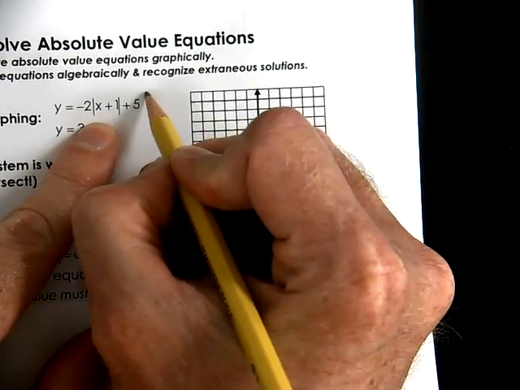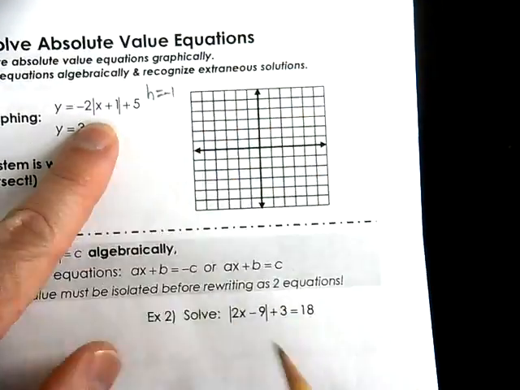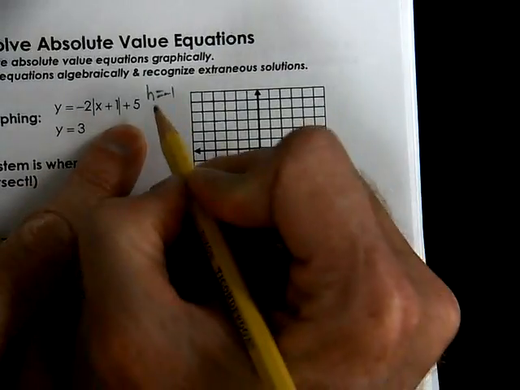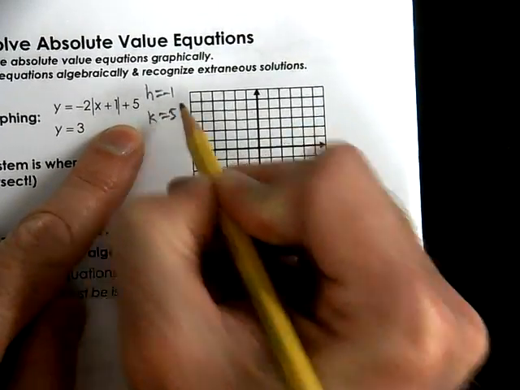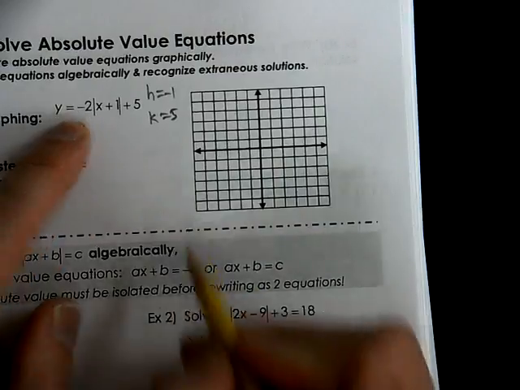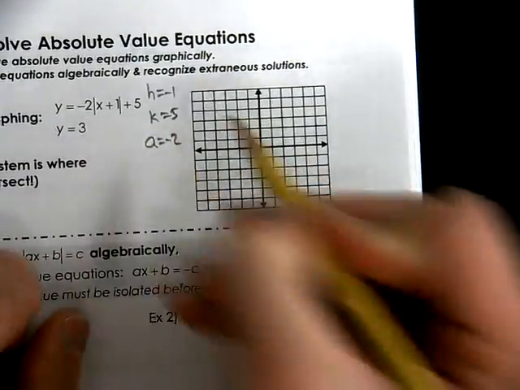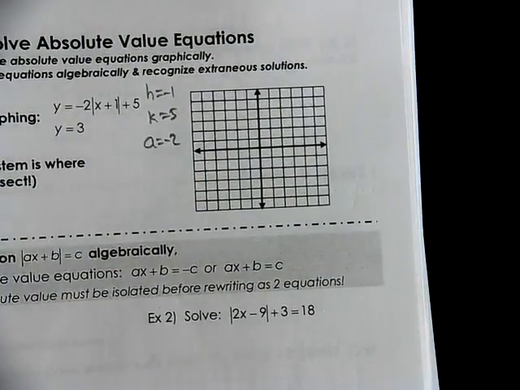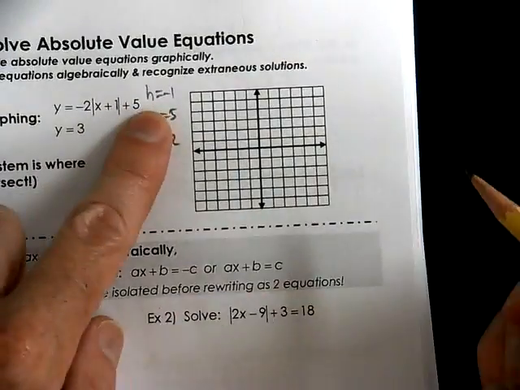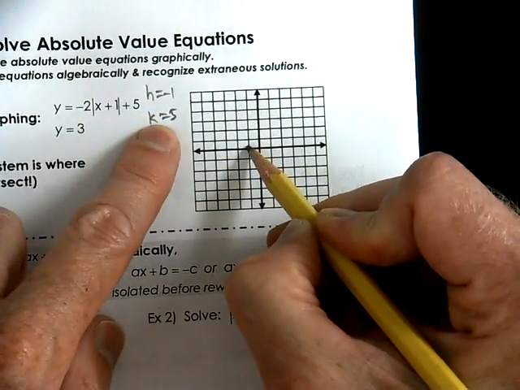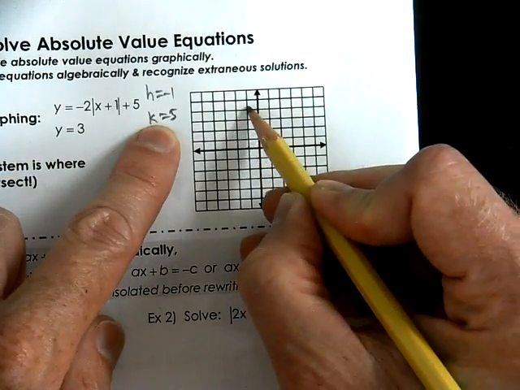So a reminder that our h value is -1 and our k value is +5, and I notice our slope is -2. So I'm going to go 1 to the left and up 5.